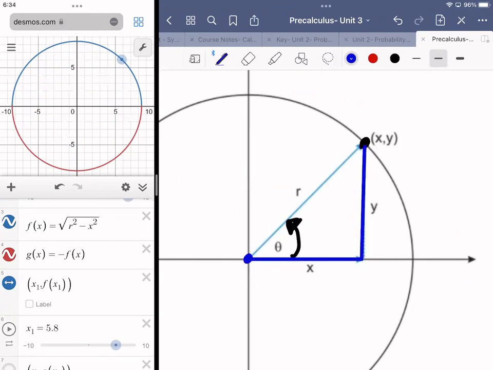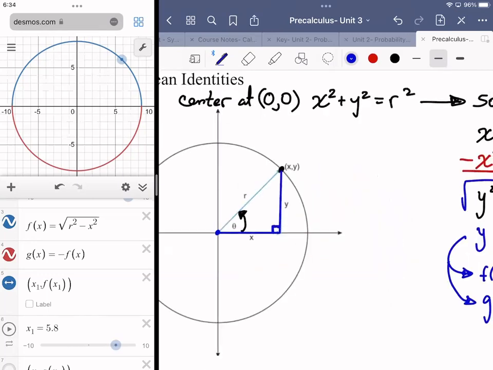The relationship is Pythagorean, creating a right angle, which is where x squared plus y squared equals r squared comes from. That's the Pythagorean theorem, just using these measures as opposed to a squared plus b squared equals c squared. So it's actually not so much that the circle is giving us the triangle as that the triangle is giving us the circle.